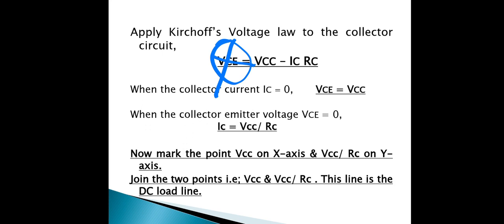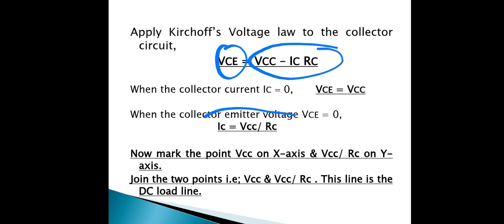By simplifying this expression, you can get IC is equal to VCC by RC. That is, if you want to know the maximum value of IC, you simply make VCE equal to 0. So when you make VCE 0, then IC will be equal to VCC by RC.